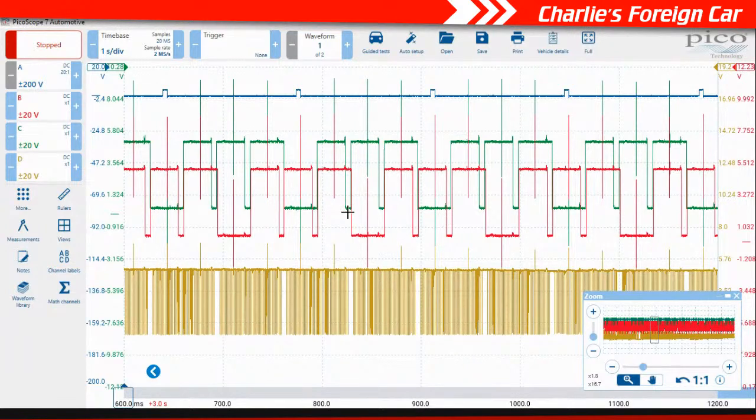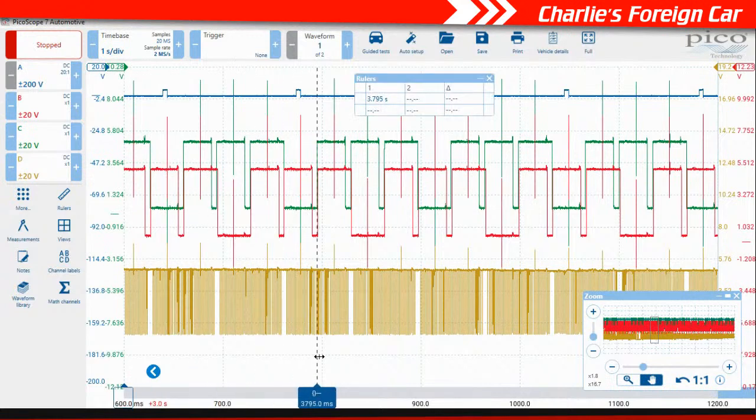Yeah, the green is the exhaust. I'm going to find those same 1, 2, 3 humps and then go on the leading edge of this one right here. And then I'll go on the leading edge of this crankshaft signal right here. And we have 35 milliseconds.